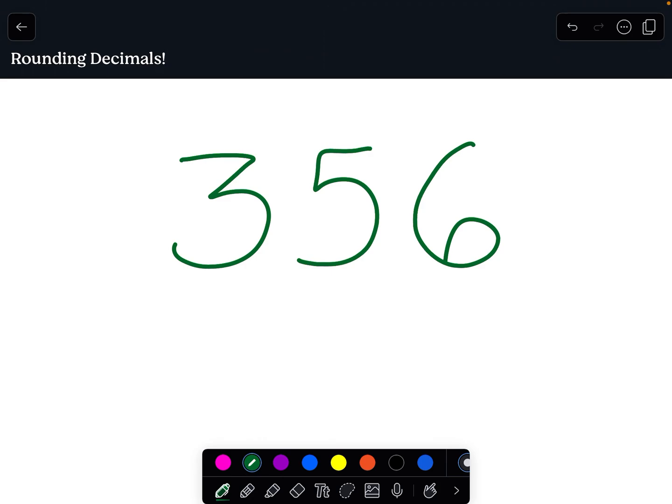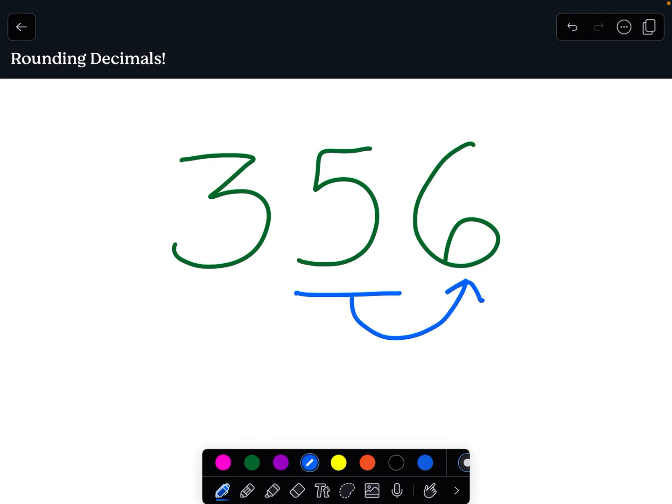So I have the number 356 here, and if I want to round 356 to the nearest 10, then the first step is I look at the tens place. I look at the tens place, so you got the number 5, and then I look next door to the right, and the number is 6. Now, I don't know if you've heard this rhyme.